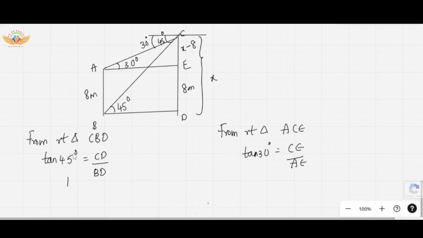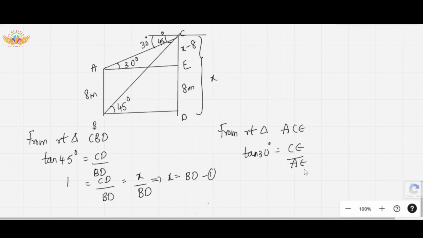So 1 is equal to CD by BD. What is CD? We assumed it as X. X by BD. So from this we get X is equal to BD. This is our first equation.